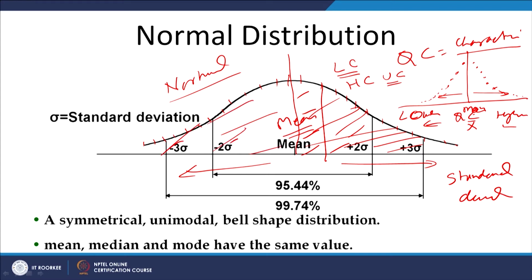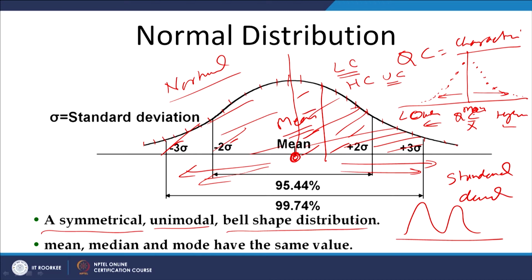In most cases, we normally get a symmetrical distribution, meaning that with respect to the center value or average value, the scatter on the higher side and on the lower side is almost equal, and unimodal, meaning there is just one peak, otherwise there can be two peaks in the case of bimodal. The typical normal distribution follows a bell shape.